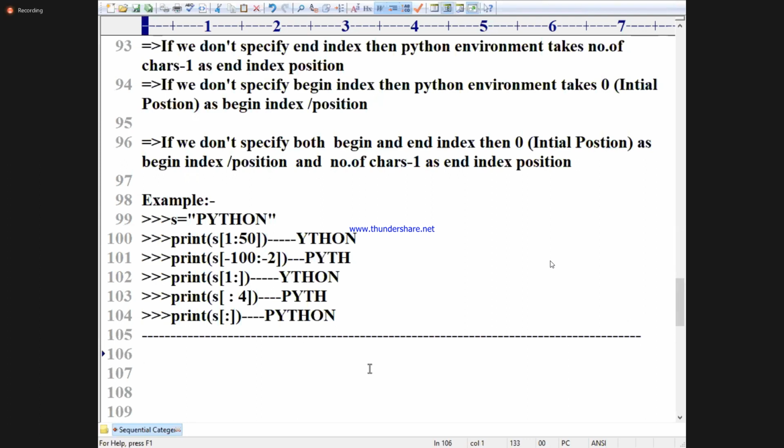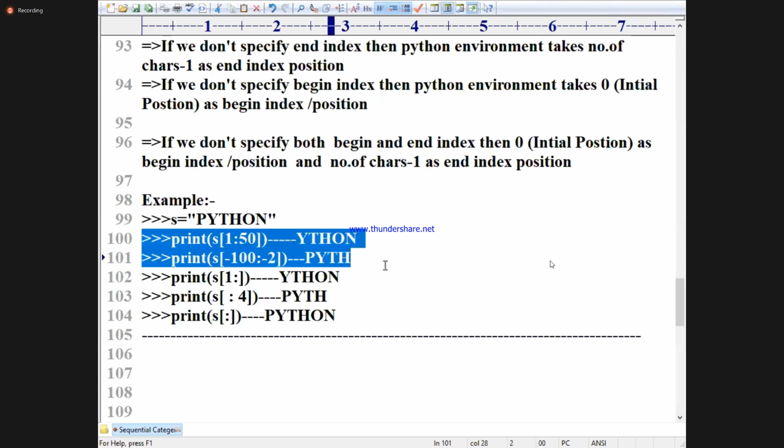So once again, they are asking me to repeat line number 100 and then line number 101.